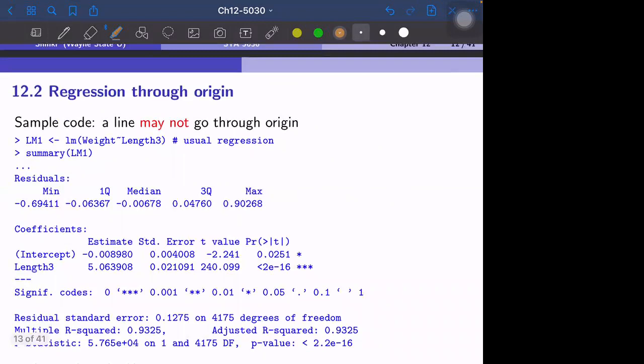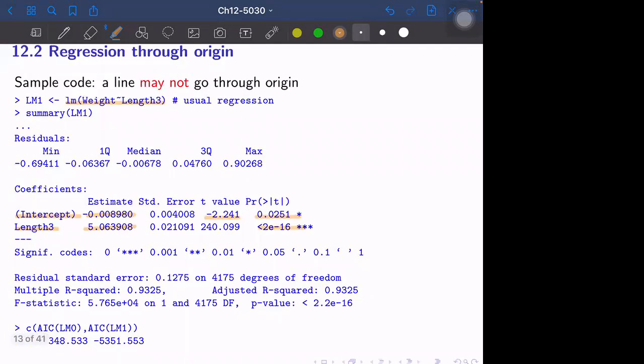And the second model is the line that may not go through the origin. So this is the usual linear regression model, and we have intercept and length. And actually, even though the line looks like it goes through the origin, still the intercept is slightly significant. So t-value -2.2, p-value 0.02. And of course, the length is still a very important variable.